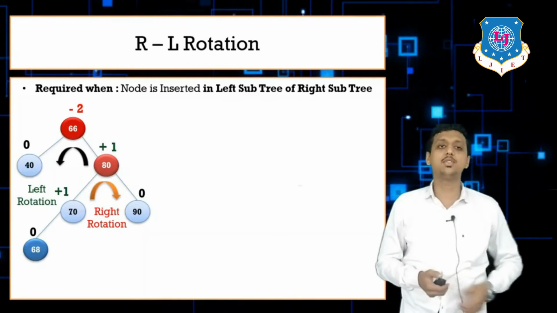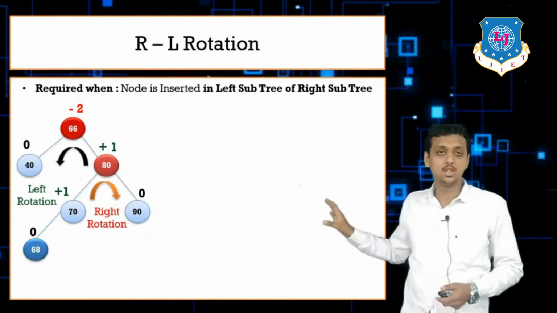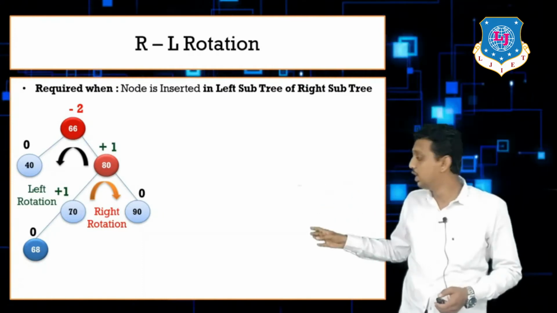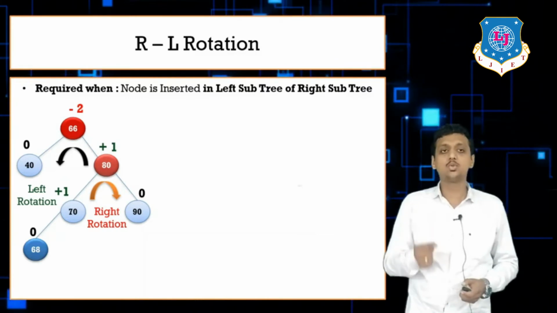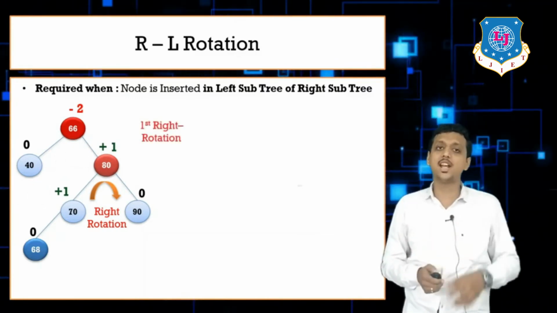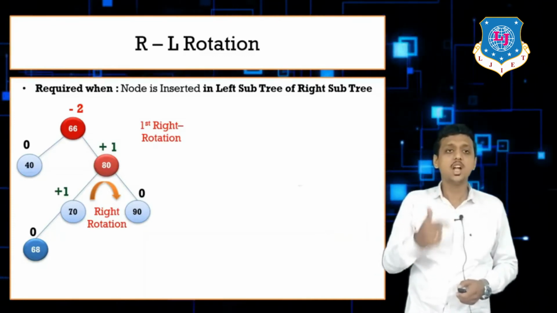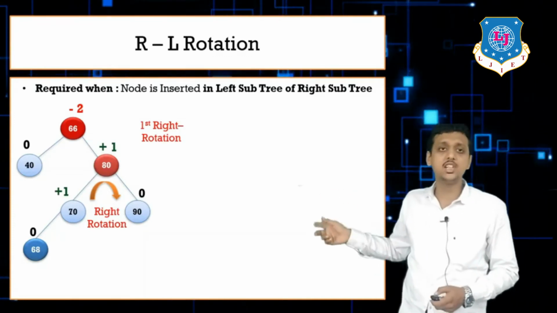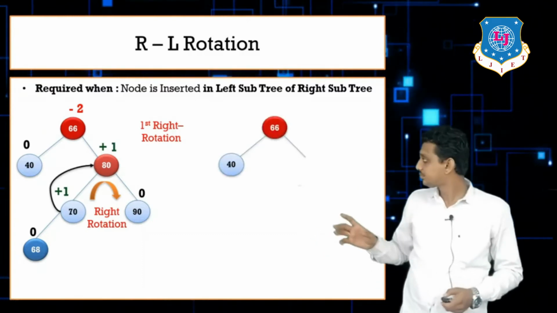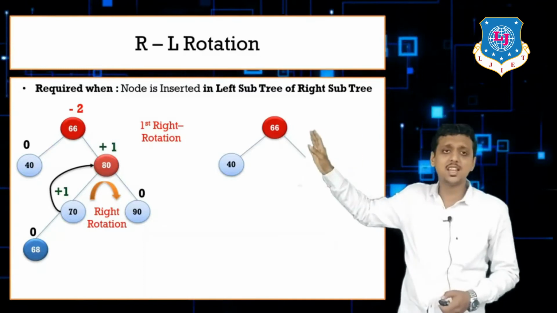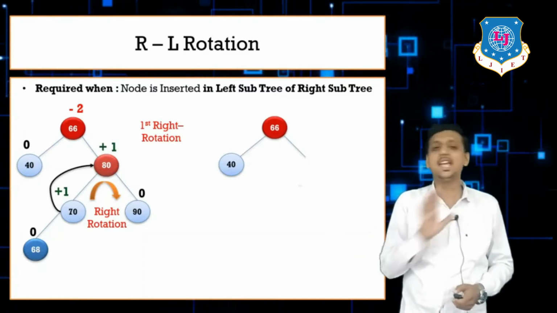So let's start with the first right rotation. Students, you always need to apply rotations on the below node. First we have 70. So the first is the right rotation on node 80. See how the figure will change. 70 will take the place of 80, and 66 and 40 remain as they are.